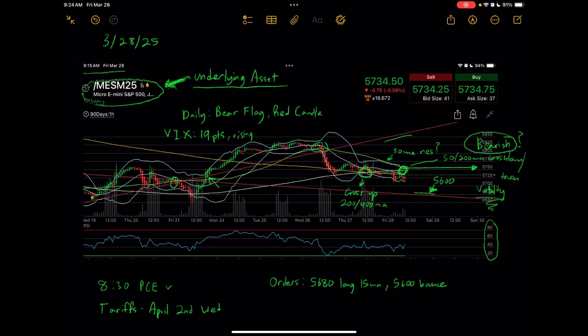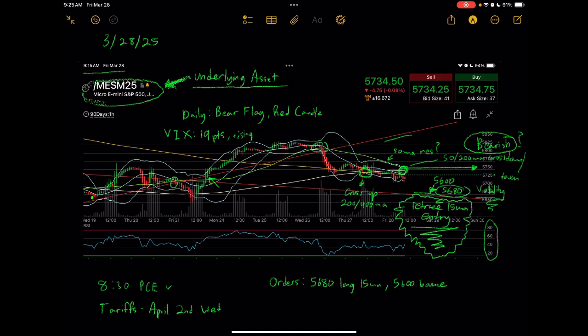So let's see what else do I have here. We have trendline support at 5870. So again, down here, trendline support. We have a bounce here at 5680. I'm looking at that. If it retraces up, we're looking for a 15-minute candle. This is what we're looking for.